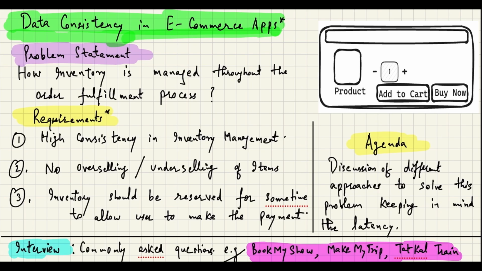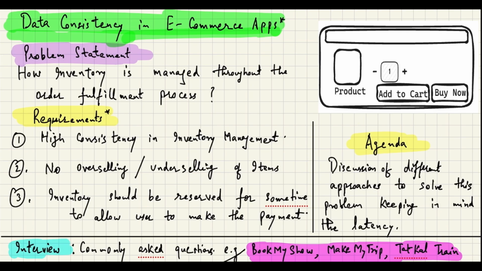And the third requirement which we need to fulfill in this case: the inventory should be reserved for some time to allow the user to make the payment. For example, you must have seen that you clicked on add to cart, and then some items are kept in the cart, and later you check out the particular cart, and then you do the payment and all other stuff, right?